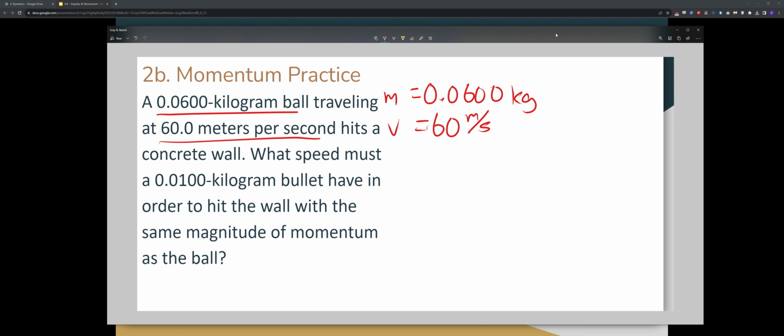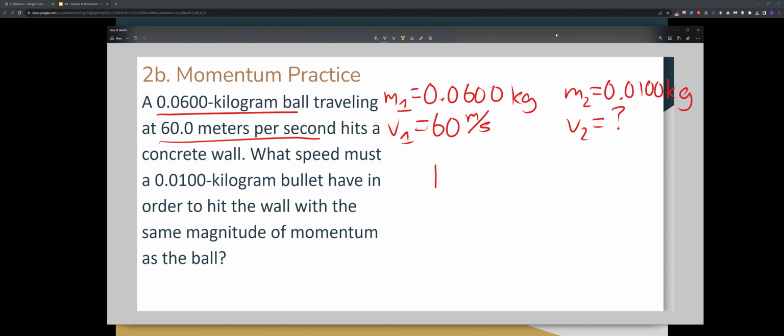So now this is a two-step problem because we have two masses. What I can do here is say m sub 1, v sub 1, v sub 2, and then I have a second mass, and my second mass is that. They want to know, what is the speed of the second mass if they were to hit the wall with the same magnitude of momentum?